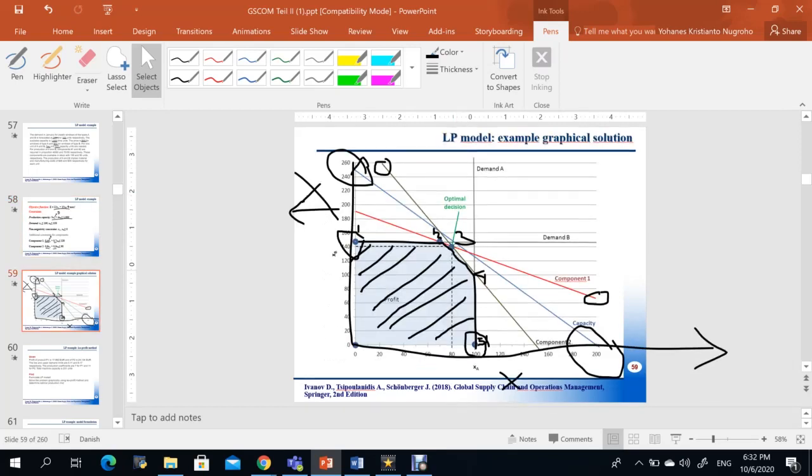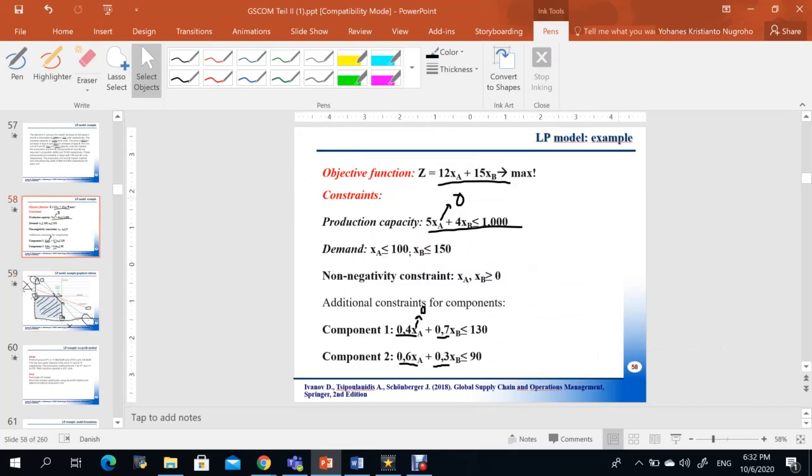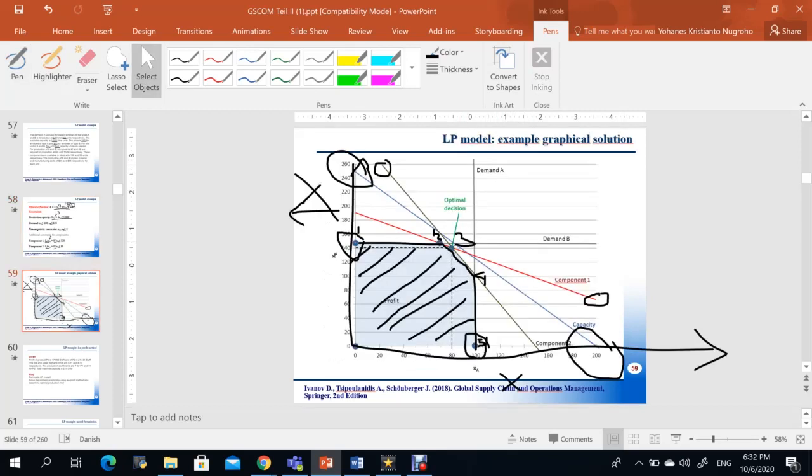And we found, for instance here, xa equal to 150, xb equal to 0. So here we put 150 here, and here is 0, and then we have 150 times 12.